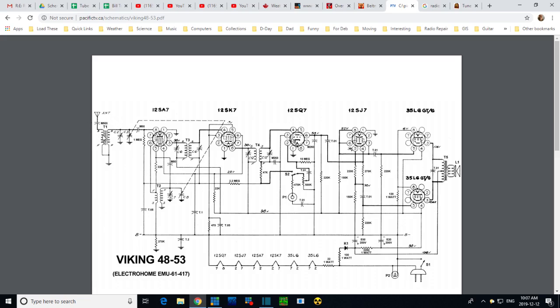Maybe it's resonating with this. Or maybe it's resonating with this. I'm not sure. So then we have some questions here. This is not a tunable coil, and it shows it with a metal core, which I don't think it does.